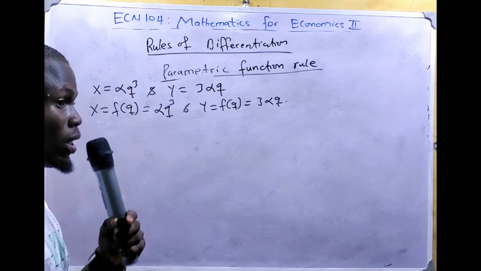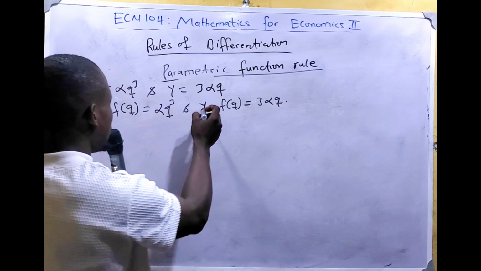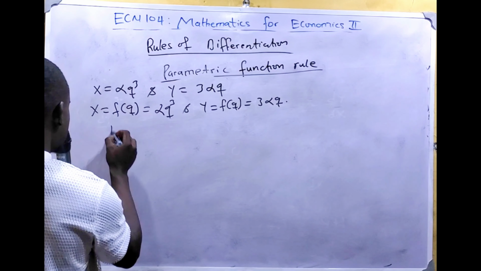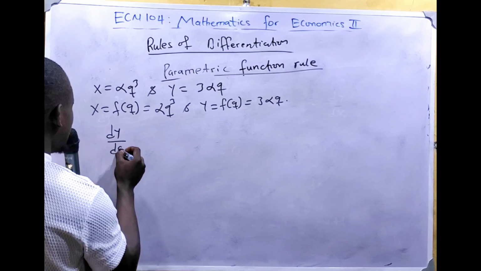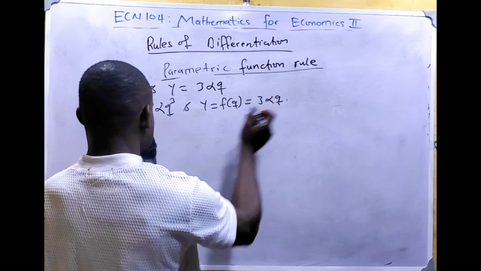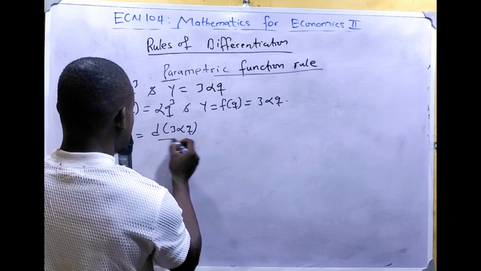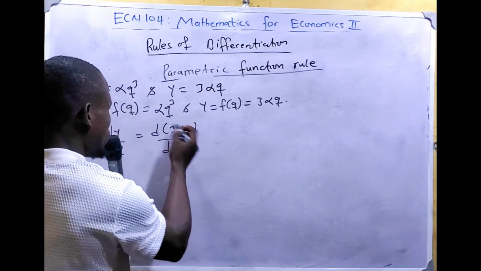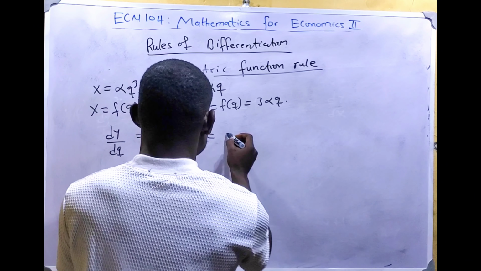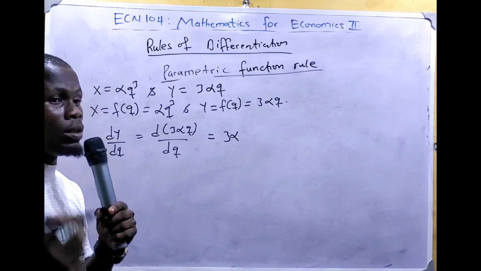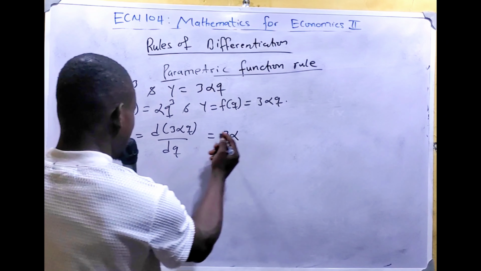To find dy dx, you first have to find dy dq, the derivative of this with respect to q, which equals 3 alpha.